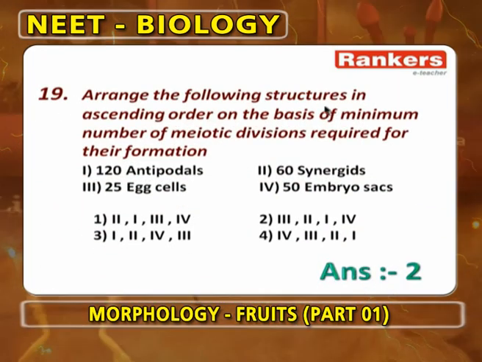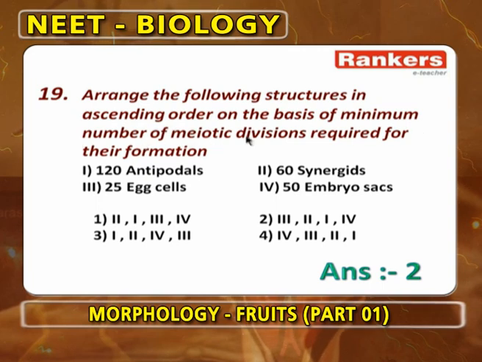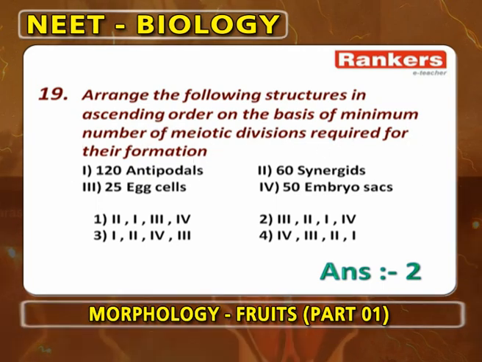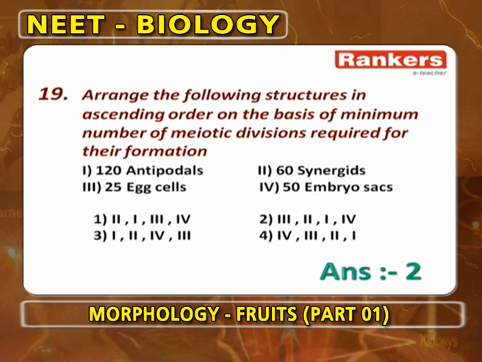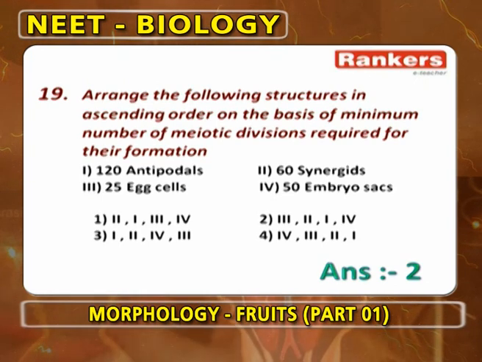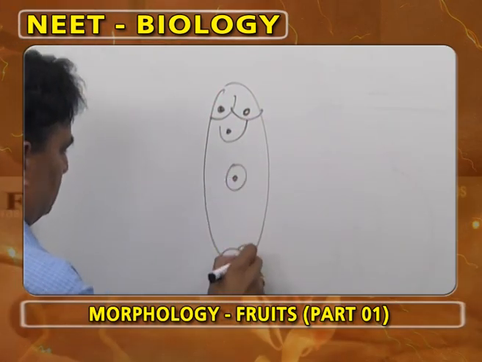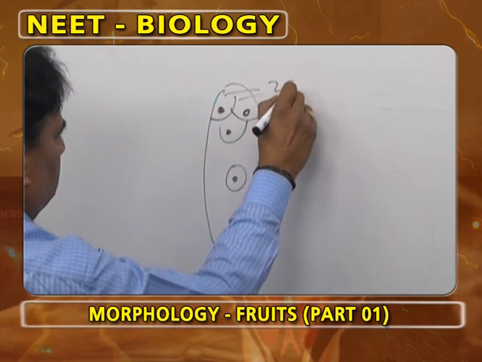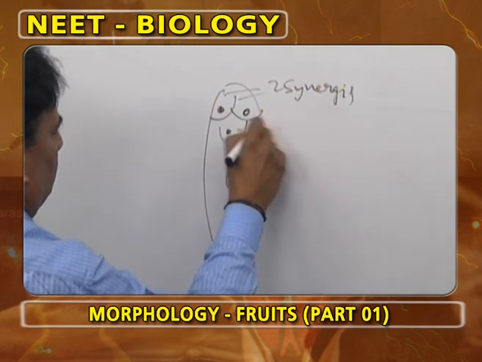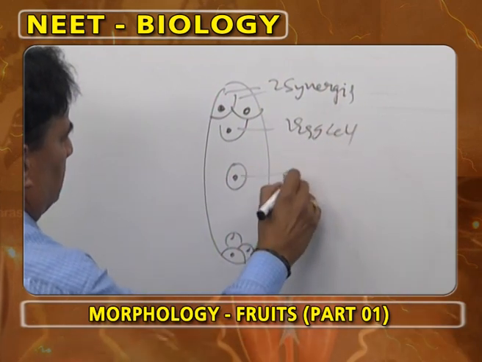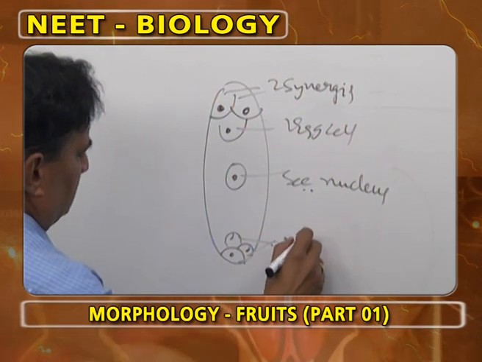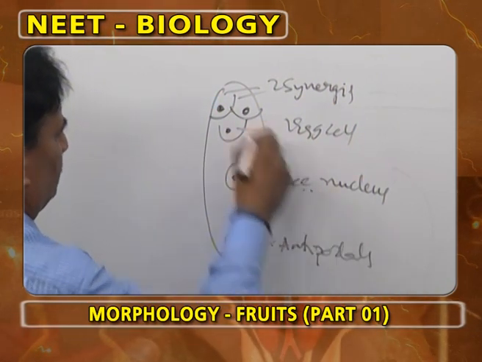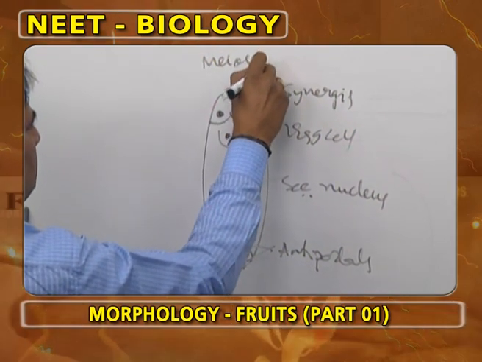Arrange the following structures in ascending order based on the minimum number of meiotic divisions required for their formation. For this, you have to remember one thing. For the formation of one embryo sac, with two synergids, one egg cell, one secondary nucleus and three antipodals, the total number of meiotic divisions required is 1.